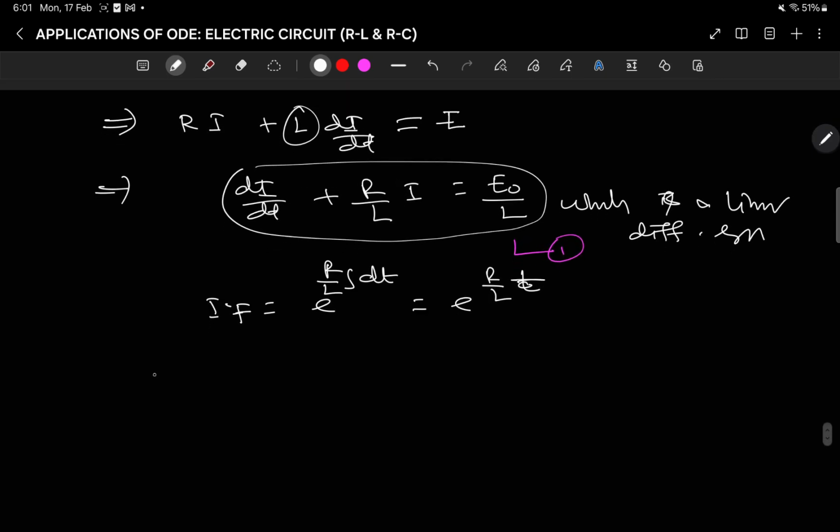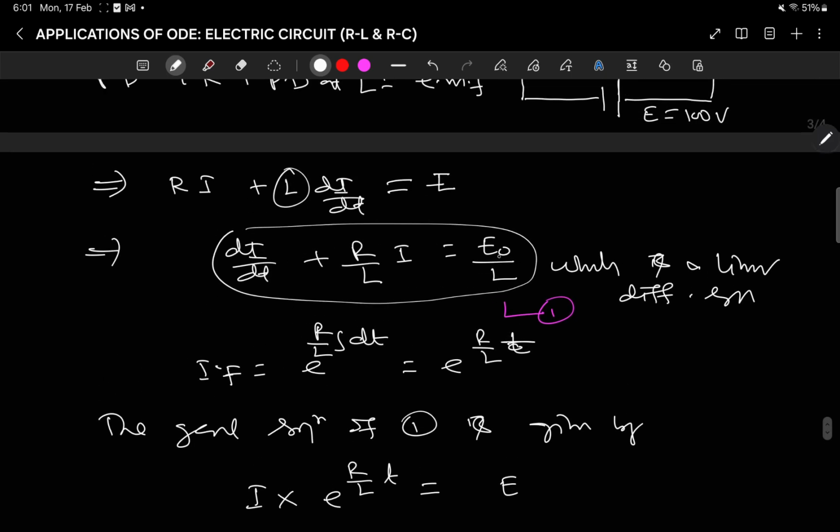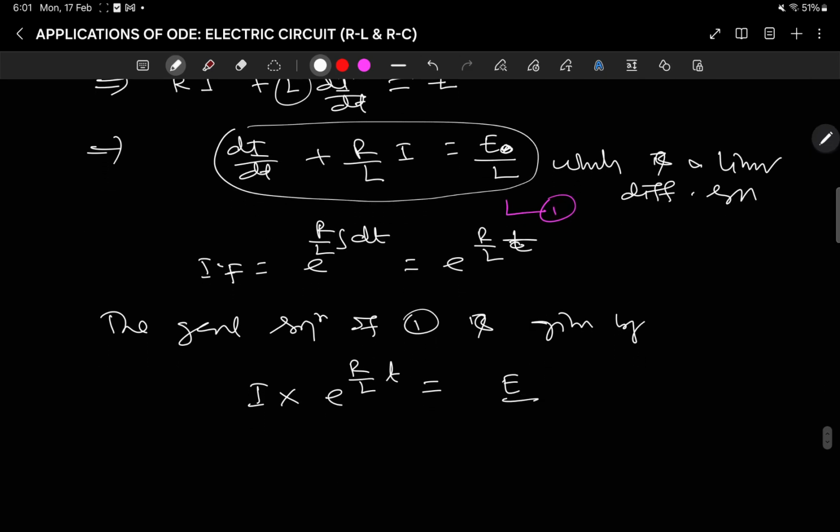So the general solution of 1 is given by I times e to the power R by L t is equal to the integral of E0 by L, or here E by L, times the integrating factor e to the power R by L t dt plus some constant C1.